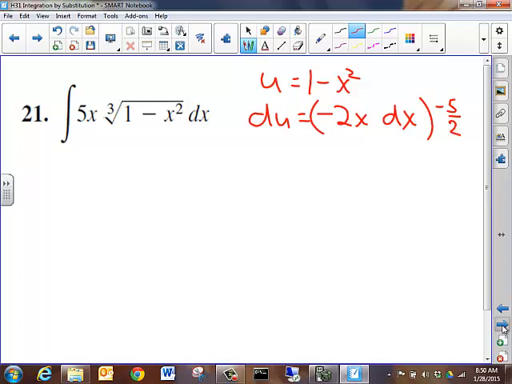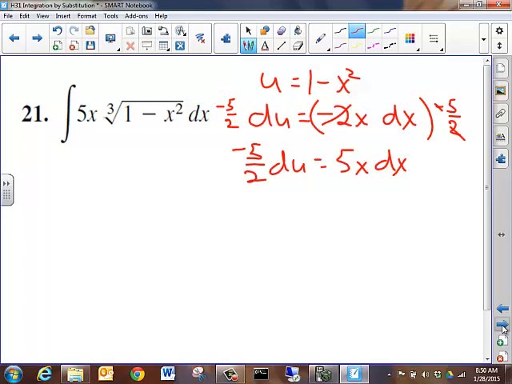If we multiply the right side by negative 5 halves, won't that make it a 5x? Well, if we multiply this side by negative 5 halves, we need to multiply the other side by negative 5 halves. So we say negative 5 halves du equals, here the negatives cancel, 5x dx, and then we can substitute in just fine. That's very challenging to see there.